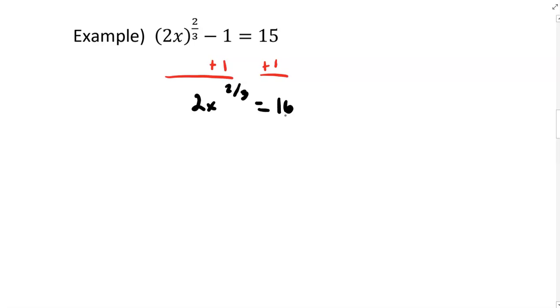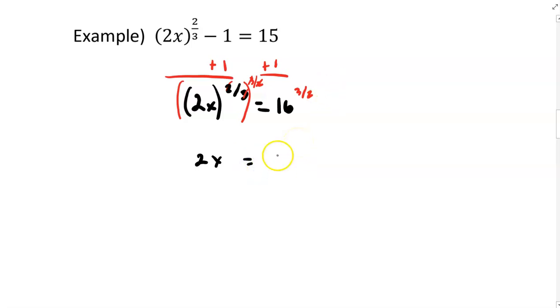Then we're going to undo this power, because notice that I have 2x on the inside. It's all of the 2x, so do not be tempted to divide by 2, because that power is applying to both. So here we'll raise each side to the power of 3/2, which will cancel our exponent, leaving us with 2x on the left-hand side.